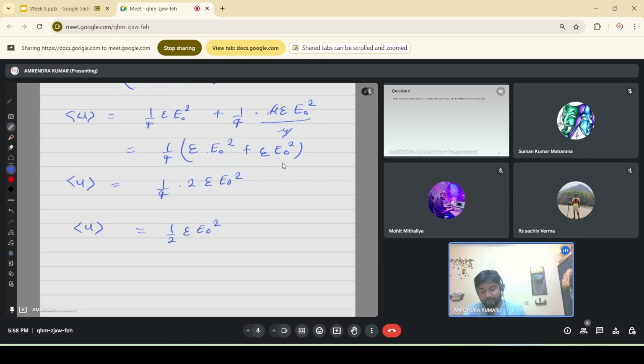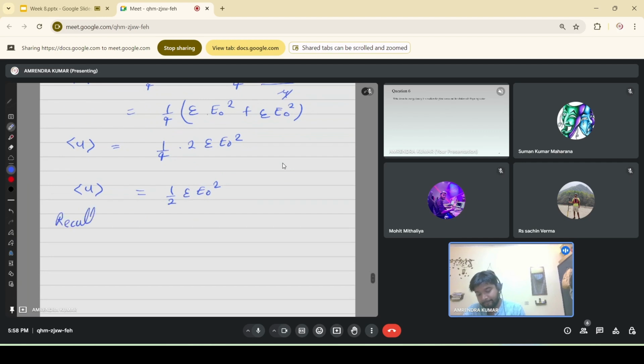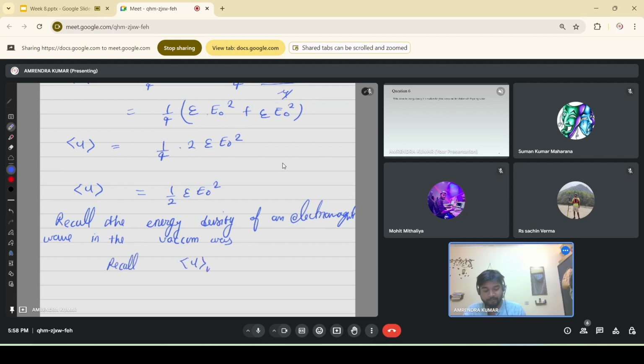If you can recall, the energy density of an electromagnetic wave in vacuum was 1 by 2 epsilon naught E naught square.